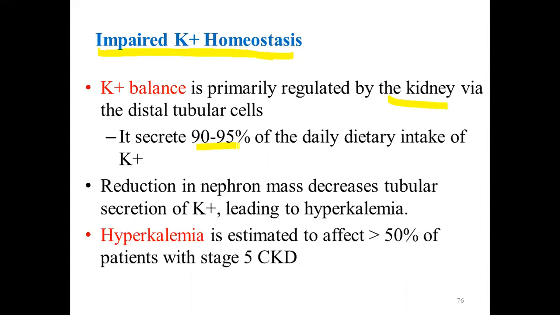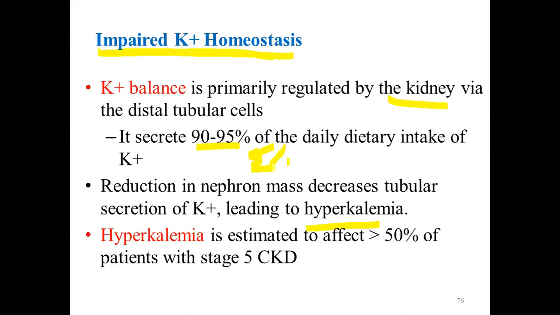So if the nephron mass is reduced, the remaining 5% is excreted by the gastrointestinal tract. But the GIT system will be overwhelmed when the potassium level is very excessive, and it can only excrete 5% of the available potassium.